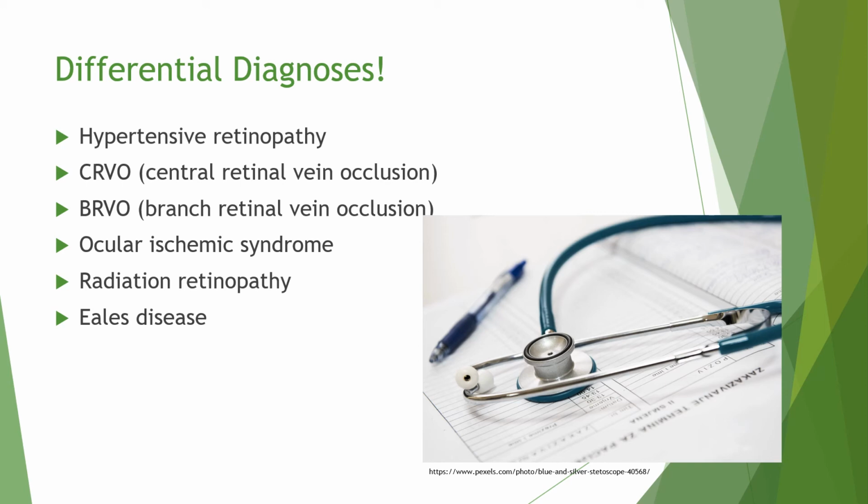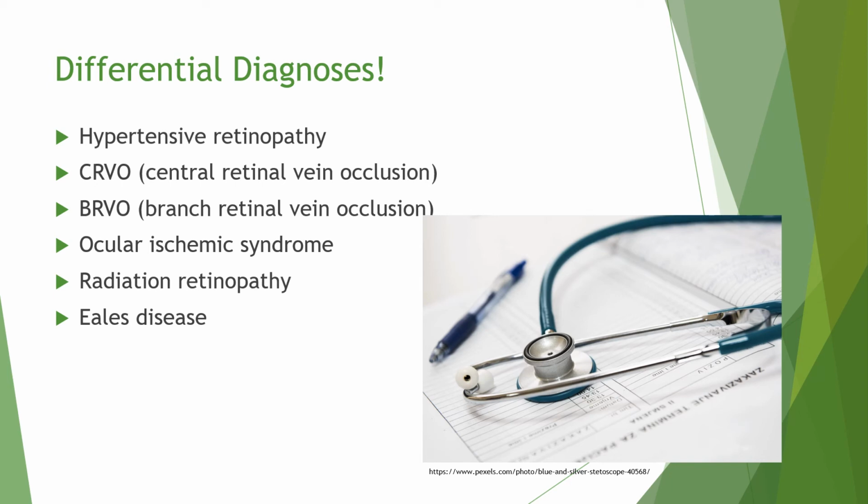Ocular ischemic syndrome can also have macular edema and microaneurysms, as well as cotton wool spots and neovascularization. However, these diseases also present with their own set of unique symptoms and signs and unique etiology.